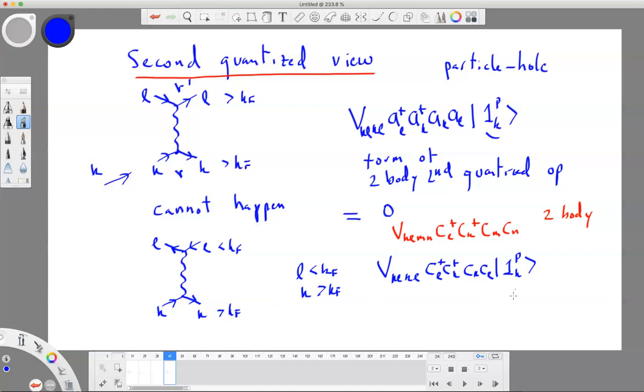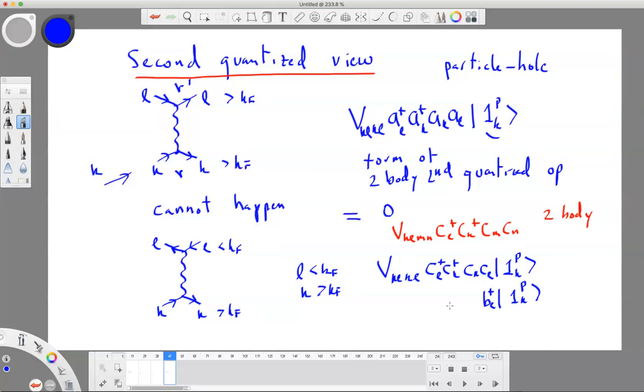Let me rewrite again this ket. How do we translate into the particle-hole picture? We're going to destroy an electron below the Fermi energy. This would be exactly the same as creating a hole below the Fermi energy. So that would be the operator.